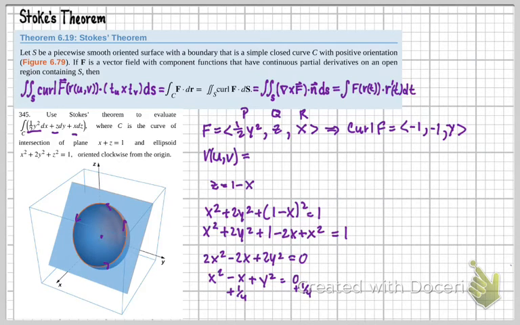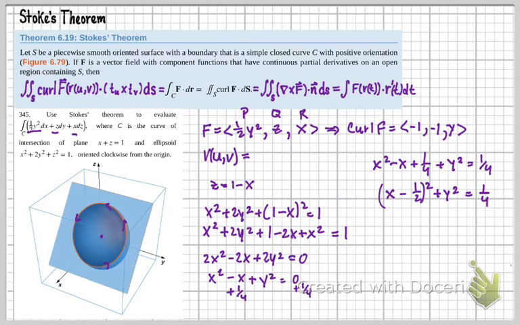And that's going to result in x squared minus x plus 1/4 plus y squared equals 1/4. And then this is going to be x minus 1/2 squared plus y squared equals 1/4.